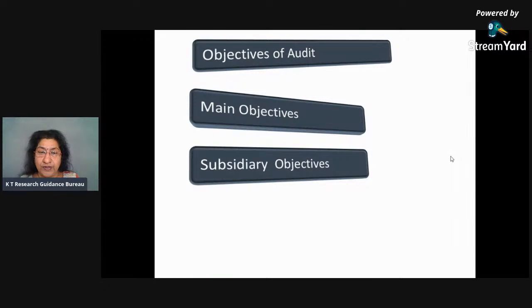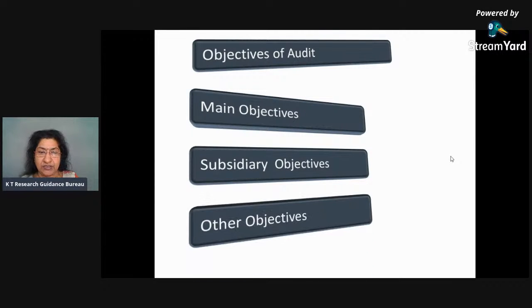And when you join the activity, that time some other subsidiary objectives are also there. Subsidiary objectives means along with the main objectives, you can get other benefits or you can fulfill other targets also. They are known as subsidiary objectives.